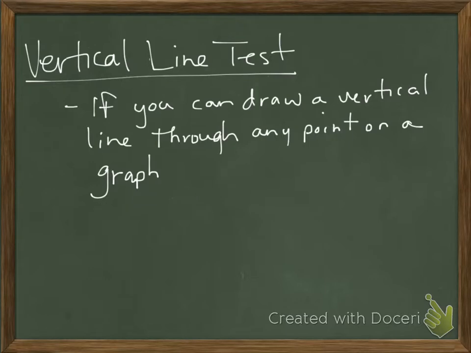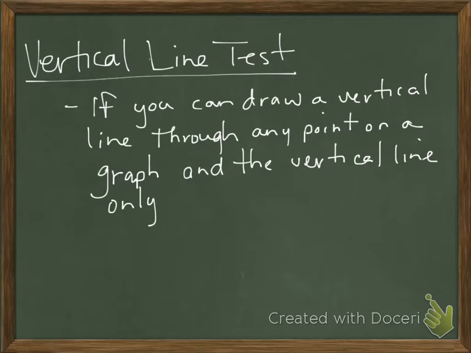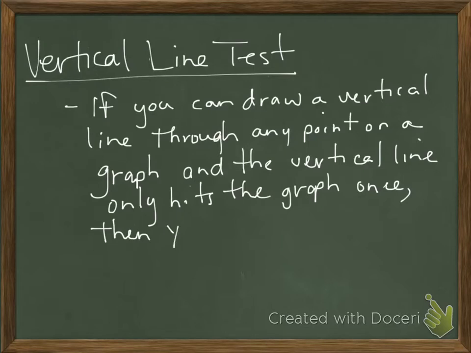So it says if you could draw a vertical line through any point on a graph and the vertical line only hits the graph once, then you have a function.